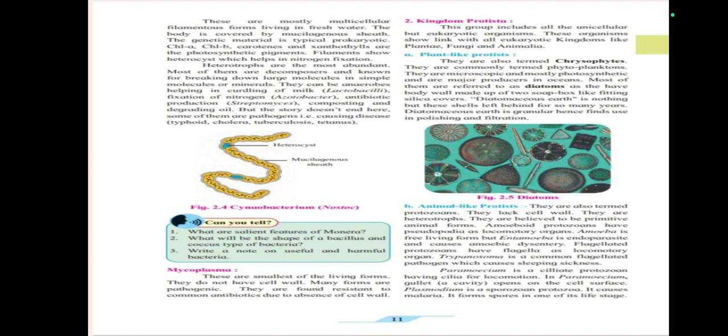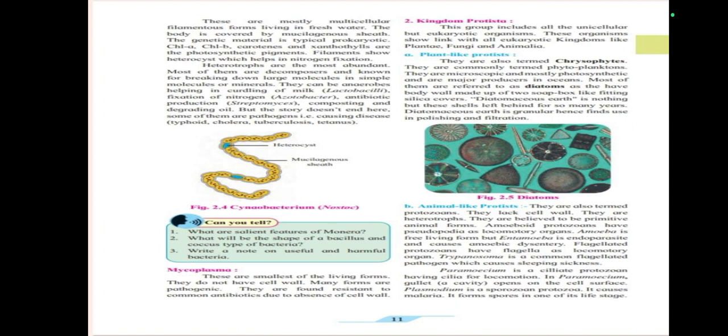Some of them are pathogens causing diseases like typhoid, cholera, tuberculosis, tetanus. Cyanobacteria. Mycoplasma, these are the smallest of the living forms. They do not have a cell wall. Many forms are pathogenic. They are resistant to common antibiotics due to the absence of a cell wall.